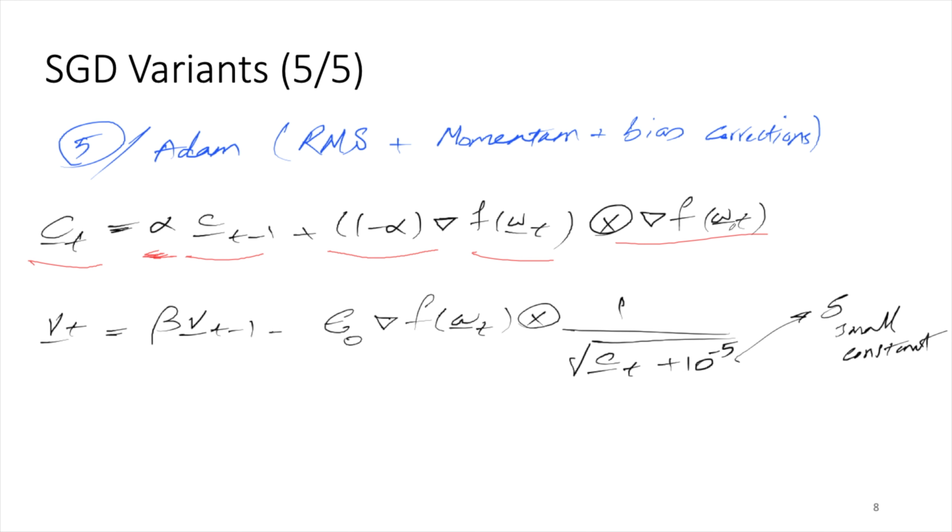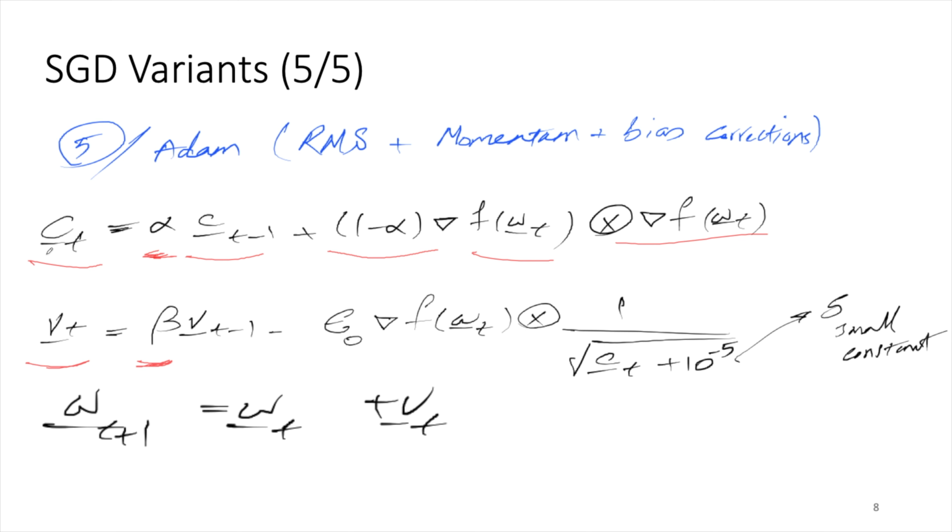But here you add another beta and another vector. If you recall, this vector was used in momentum, this vector was used in RMSprop, right? So they actually combine the two and add a bias correction. So it's the best of the two worlds.